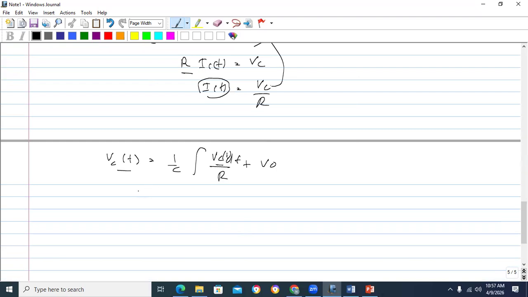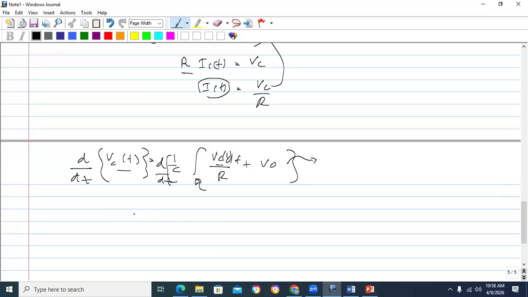Then what you need to do? You need to get the differential because you need to get rid of this integration. If the integration is there, it is very hard to solve this equation. So we need to make this equation a differential equation. You need not integration, the differentiation. You need to get the differential of both sides.